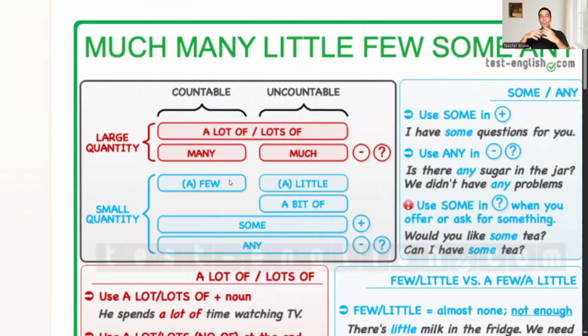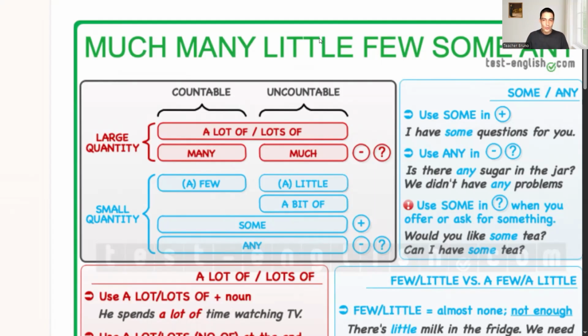I have much time to study, because time we cannot count. We can count minutes, days, years, months, but we can't count time itself. We don't say one time, two times, three times. No. So we can't count time.